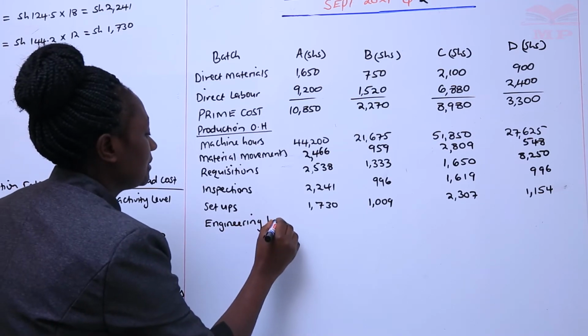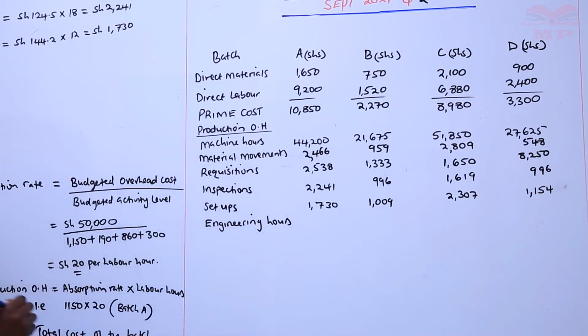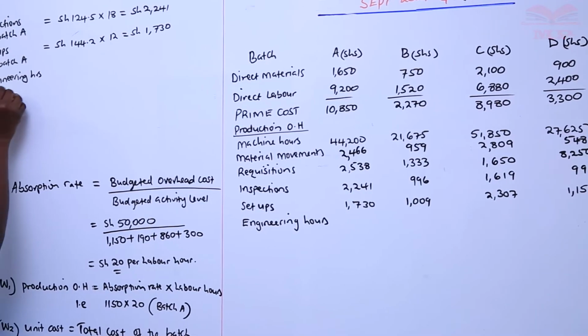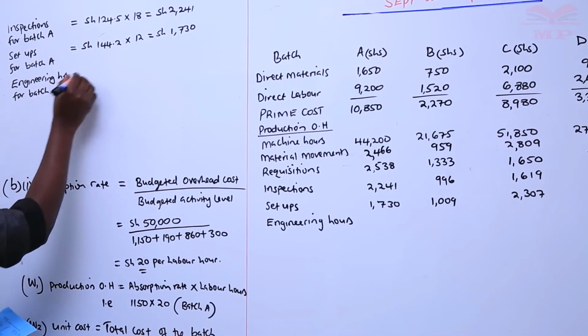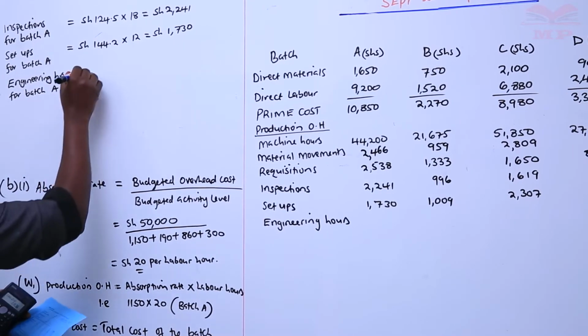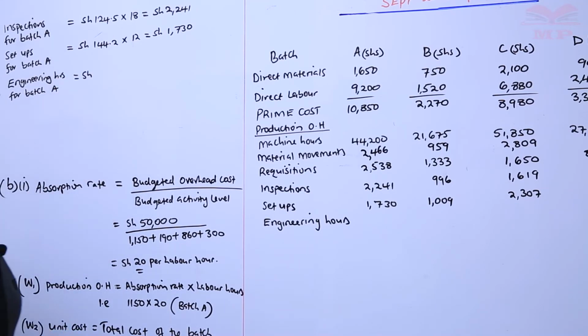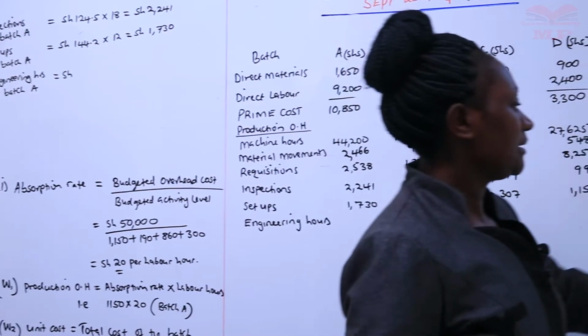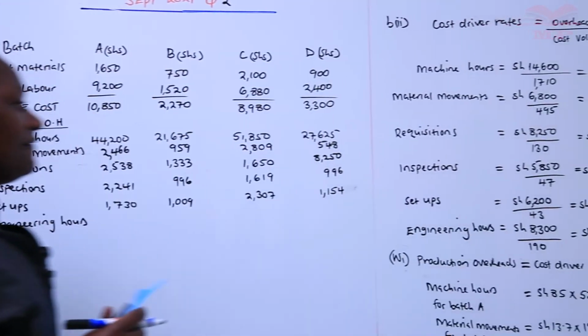Engineering hours. We calculate the production cost based on engineering hours for batch A. The cost driver rate is 43.7.